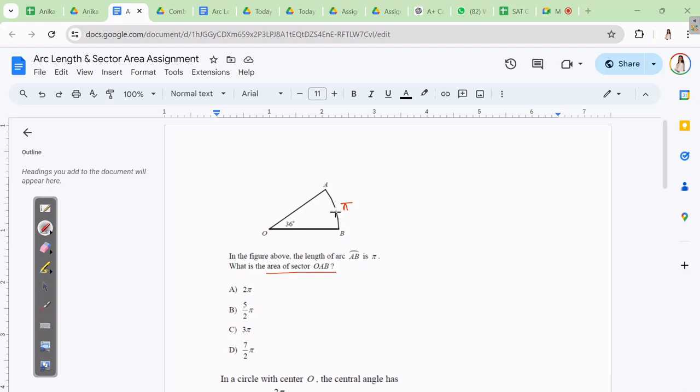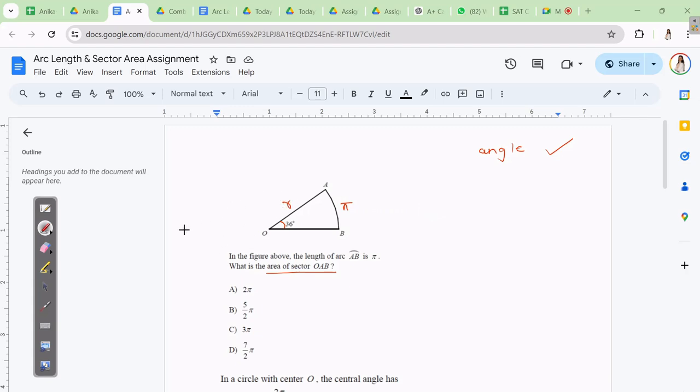Now in this case, as I told you, they will not give you the angle and the radius directly, because if you know the angle and the radius directly, anybody can find out the sector area or the length of the arc. So they will not give you all the information directly, but they will give you some other information. Here they have given you the angle. We need to find out the radius, right?